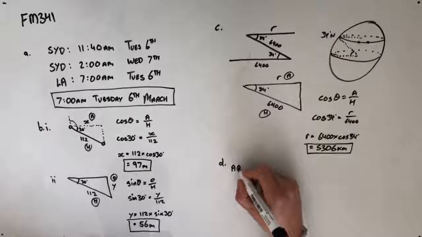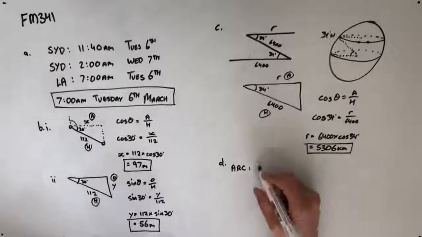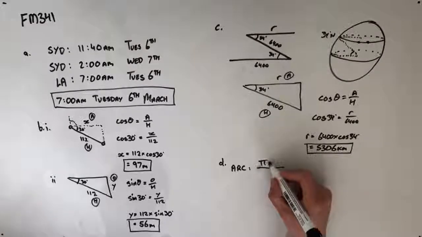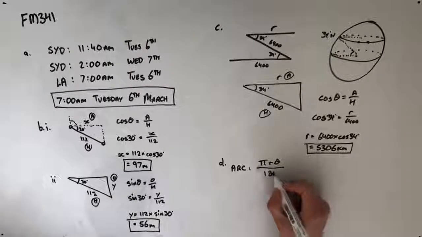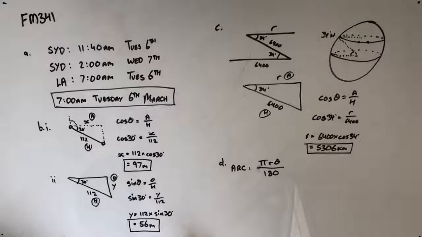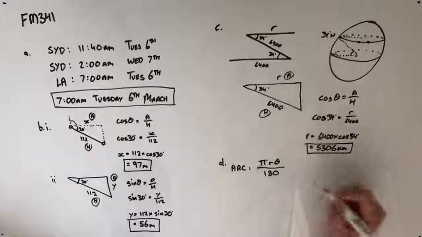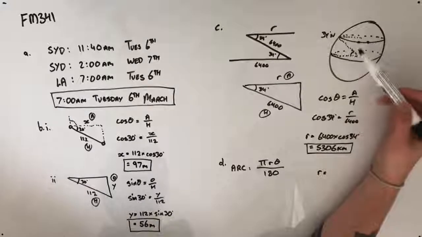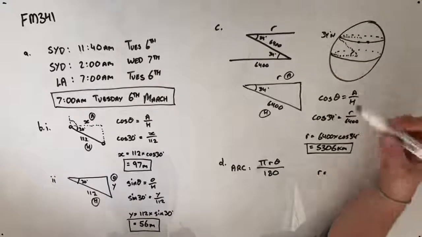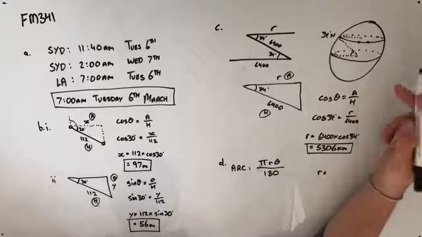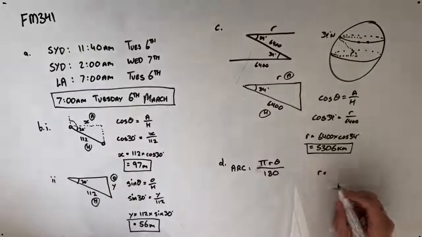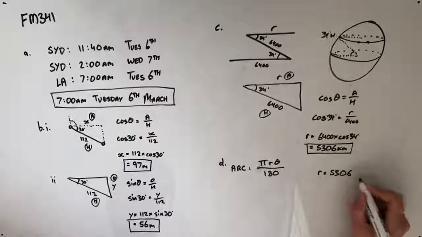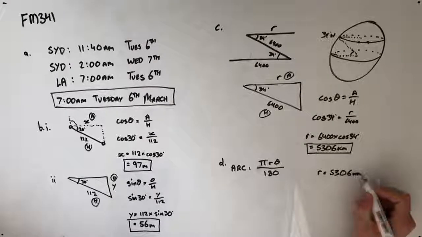So our formula for an arc is the one that you probably have in your book, pi r theta over 180. Now it's our job to say, well, the radius at 34 degrees north isn't going to be 6,400 because we're not moving along a great circle, we're moving around a small circle. So the new radius that we should be looking at is the one that we've just proven, 5,306 kilometers.